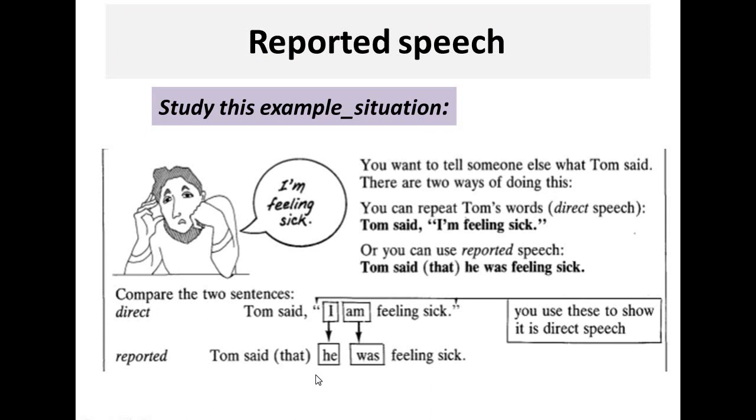Now let's dive into reported speech. Let's study this example situation. Here we have Tom, and what does Tom say? "I'm feeling sick." So here Tom said, "I'm feeling sick." So let's report what Tom said.